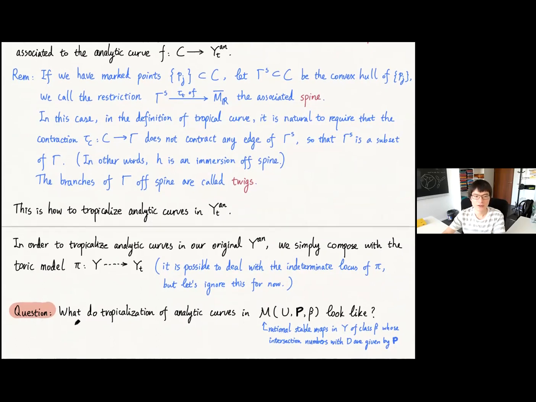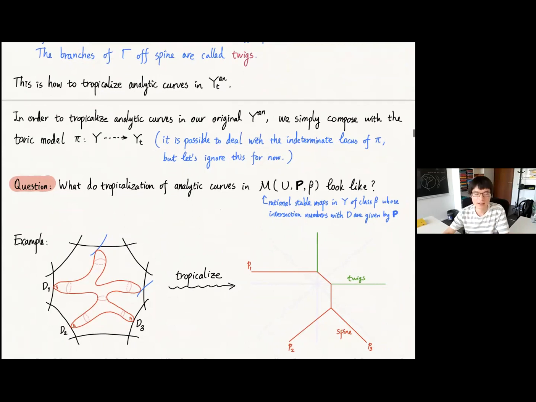A question: what do tropicalizations of analytic curves in our moduli space MUP beta look like? Recall that this moduli space consists of rational stable maps in Y of class beta whose intersection numbers with D are given by the tuple P. Here is an example of an analytic curve in our moduli space.